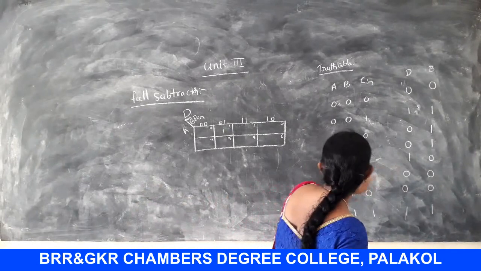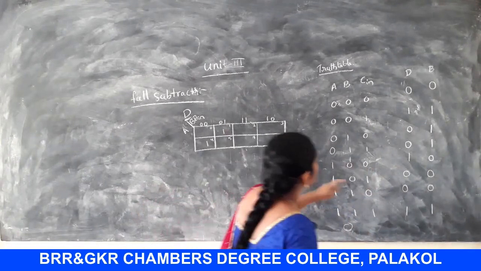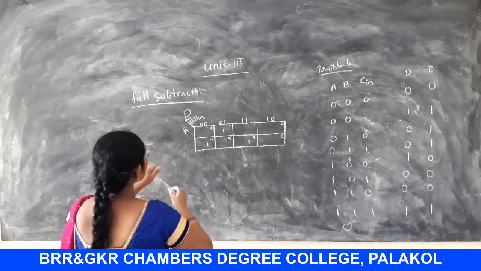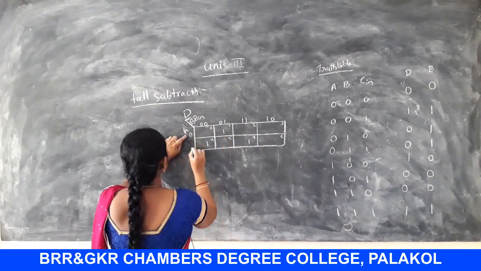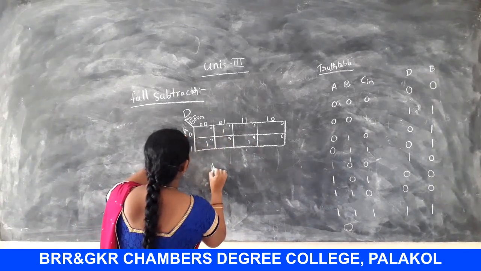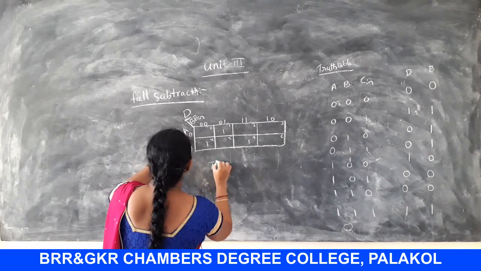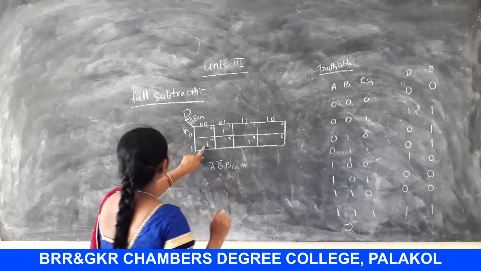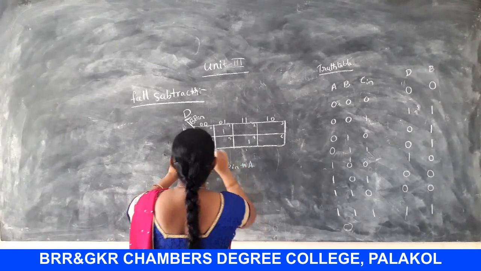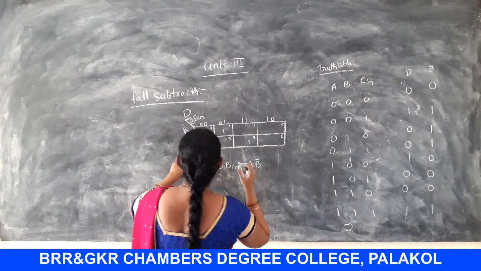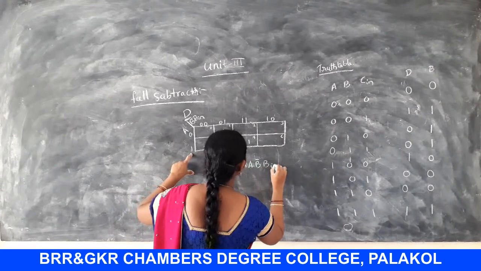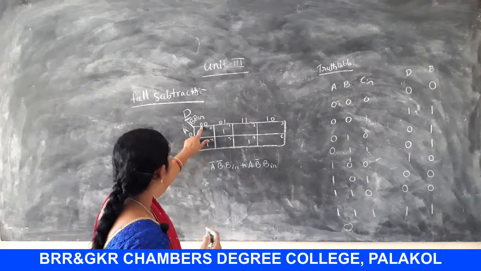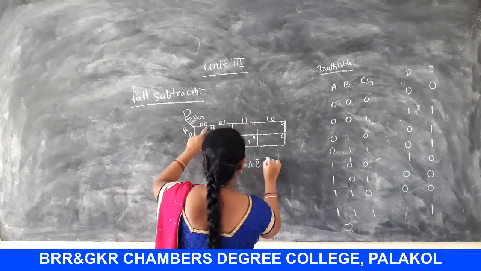For B in, 1 is 1. So next one is 4. Next one is 7. Now we will write the expressions for this. This is 0 and 1. For this, A bar B bar B in, plus, and next for this is A B bar B in bar.